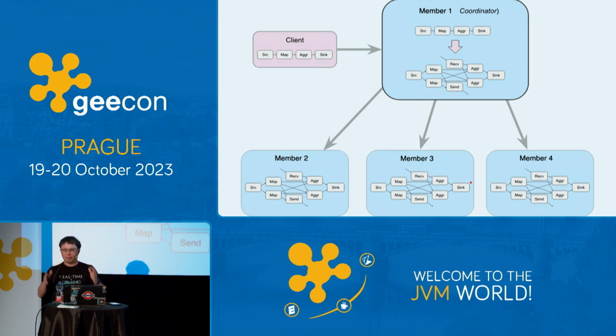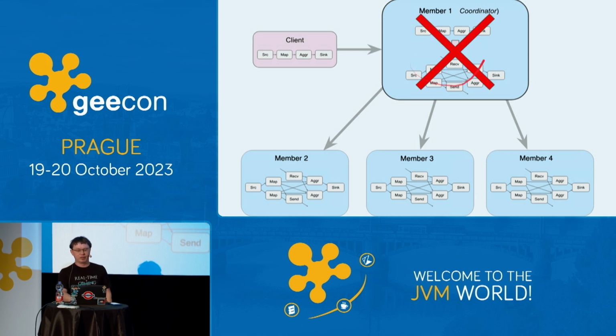That is one part, and the other part is that it also provides reliability guarantees. For example, if one of the members dies, the state of the job shouldn't be lost, because all job state should be snapshotted and replicated to another member.